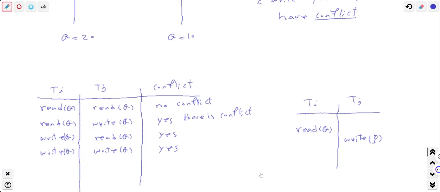For different data items, we do not have conflict.